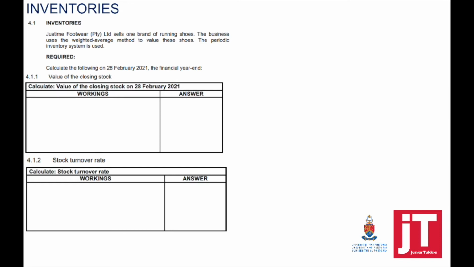Sometimes they can ask all of those or 2 out of the 3 in a question. It depends from one question to another. In this question, they've only focused on the weighted average, and they ask us to calculate the value of the closing stock and the stock turnover rate.